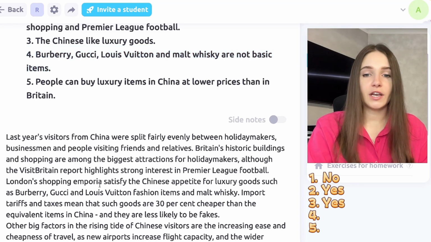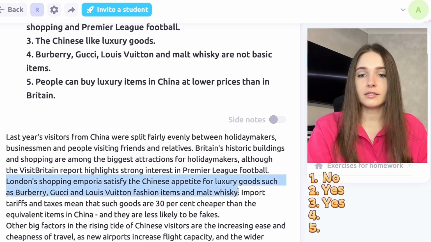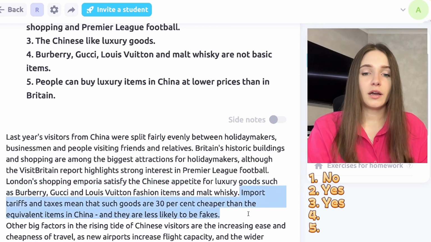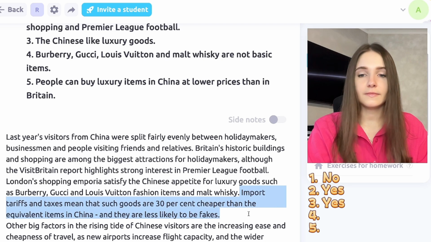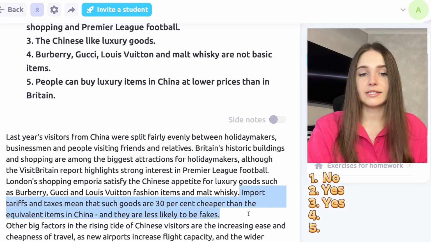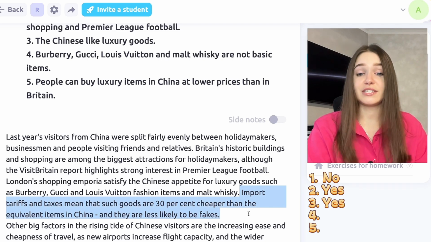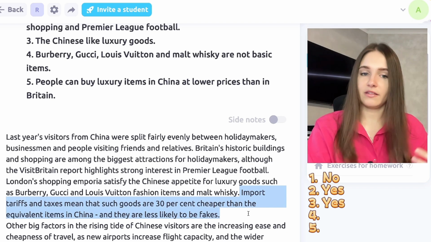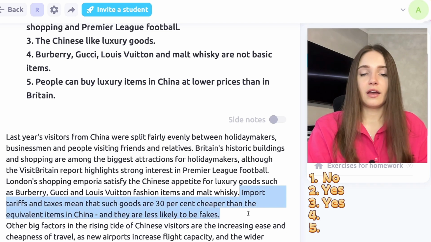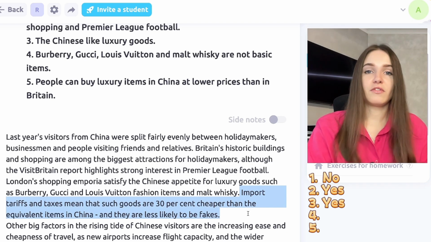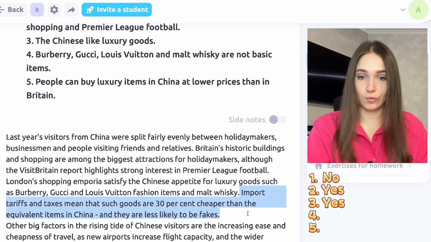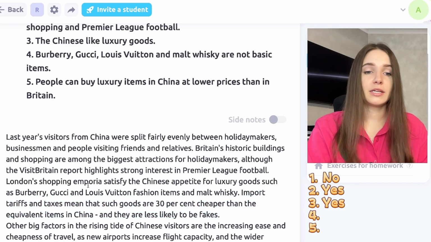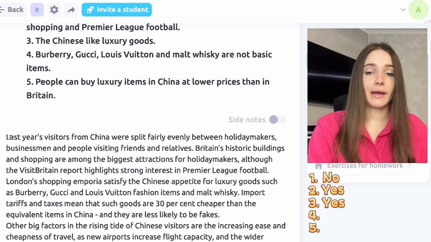So let's take a look. We finished here with London's emporia, which satisfies the Chinese appetite for luxury goods. Let's take a look at the next sentence: import tariffs and taxes mean that such goods are 30% cheaper than the equivalent items in China, and they are less likely to be fakes. So we may take a look at this whole passage.